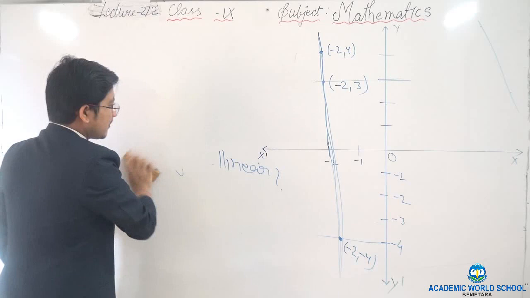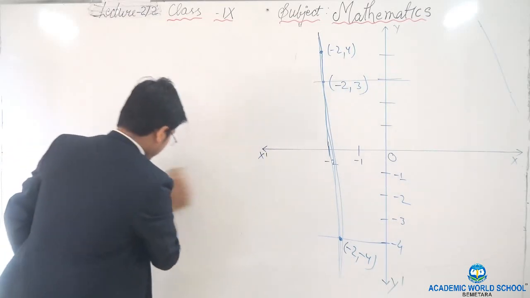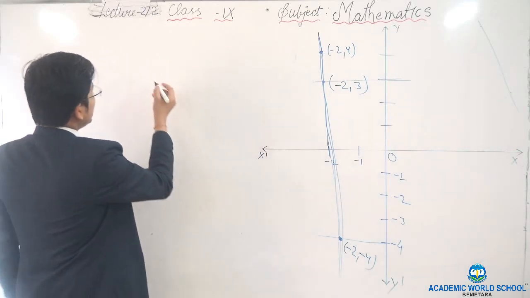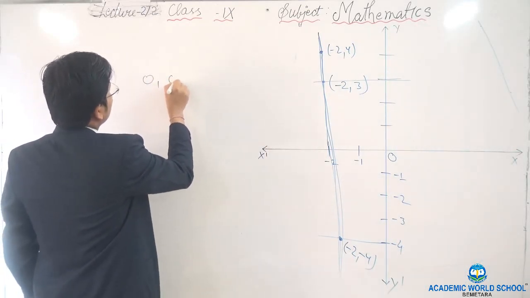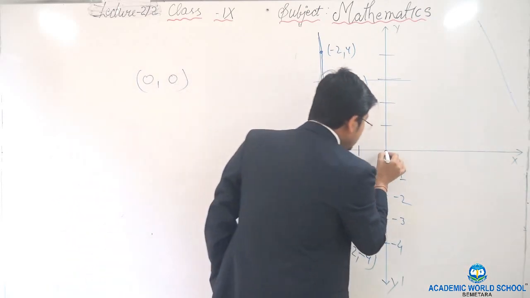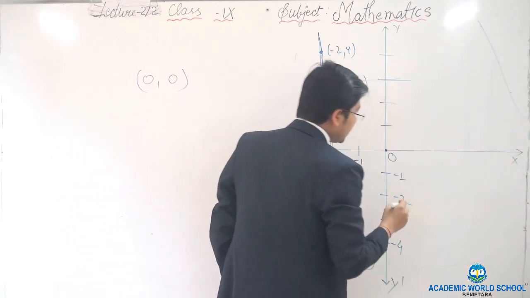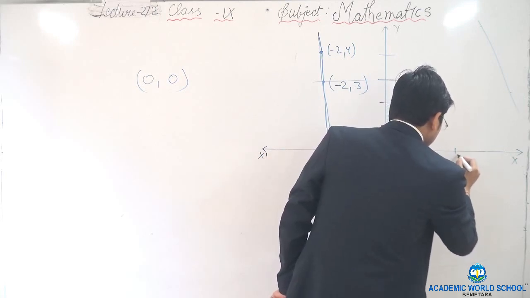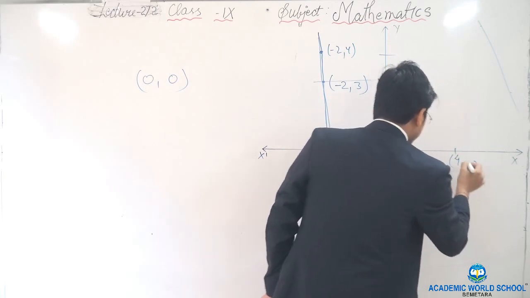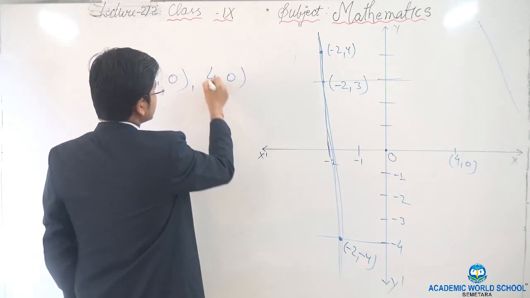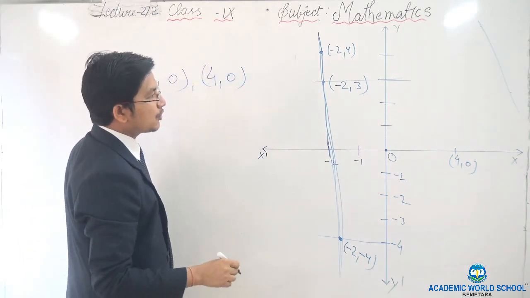Let me answer. So let's say the point is 0 comma 0. Let's say this next point is 4 comma 0.